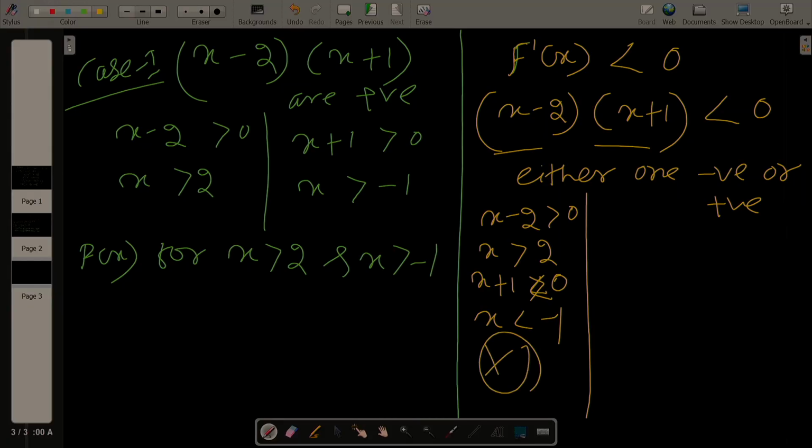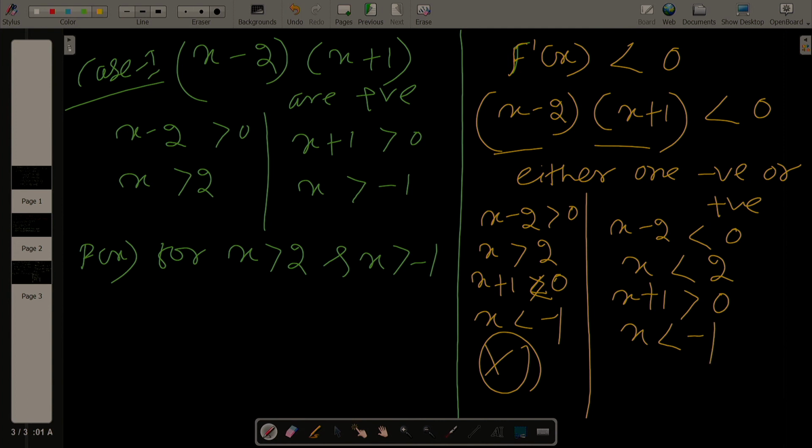If we take x minus 2 less than 0, then x less than 2, and at the same time x plus 1 greater than 0, then x greater than minus 1.